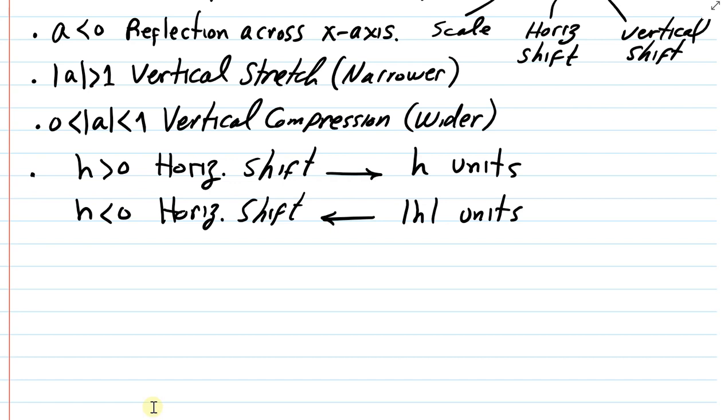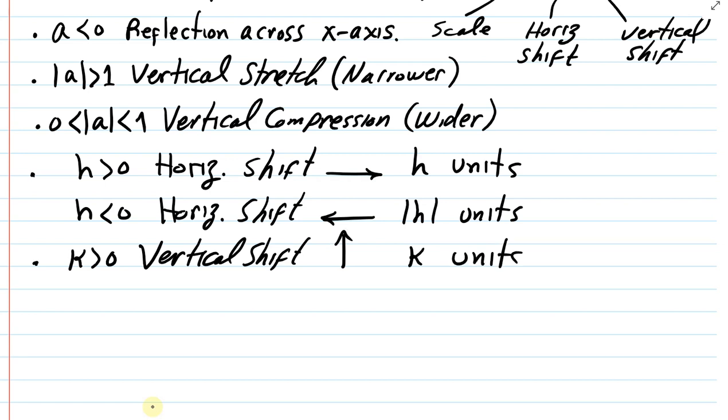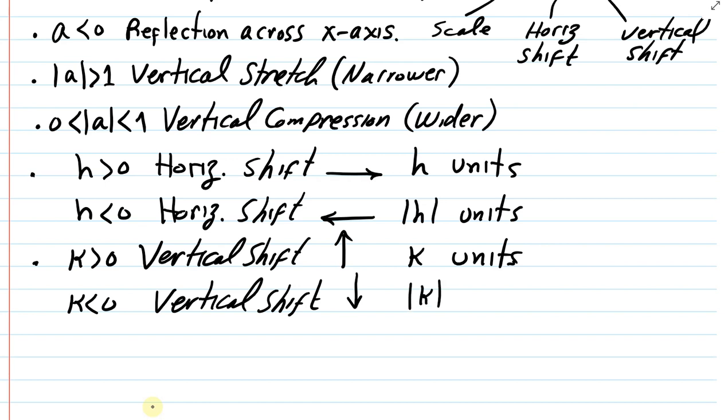Okay, what about k? The effect of k is, if k is positive, then we have a vertical shift of the graph, so it's going to shift up k units. And if k is less than 0, then we have a vertical shift downward. Both of those are shifts, except with positive you go up, and with negative the graph moves down, absolute value of k units.